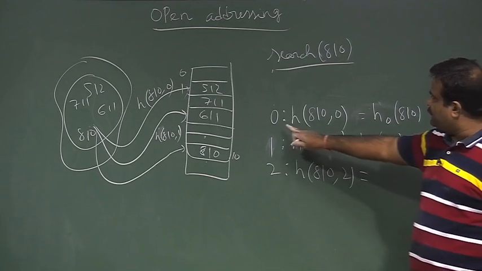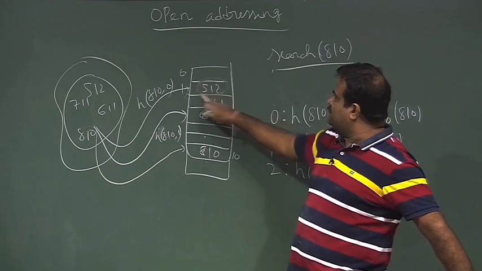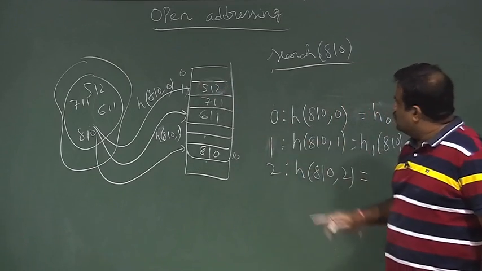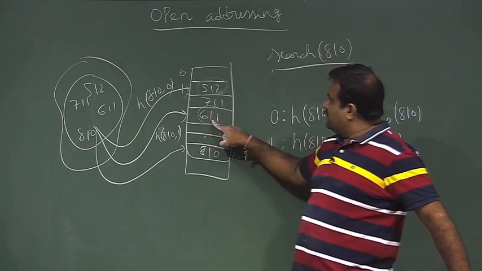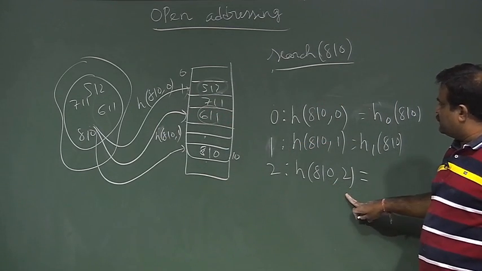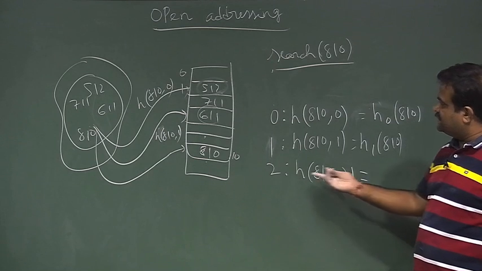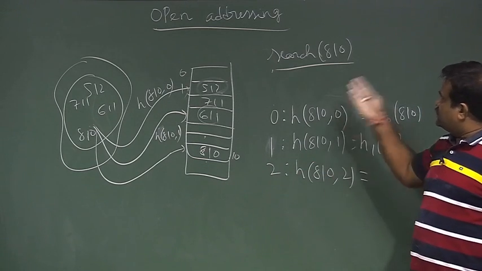We first apply the 0th probe, it will hit here, and we see whether this value is 810 or not. It is not, so we go for the next probe. Then we hit here, and we see whether this is 810 or not. It is not. Then we go for the next probe, and we see it is 810. So we got the value. This is the way we search.